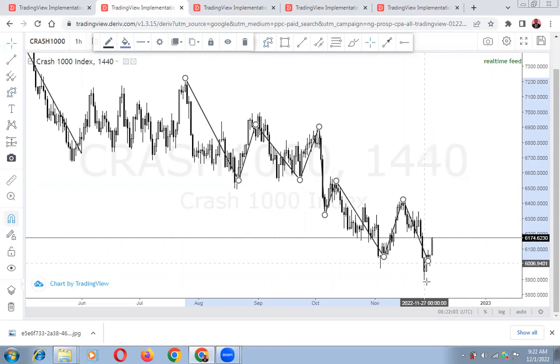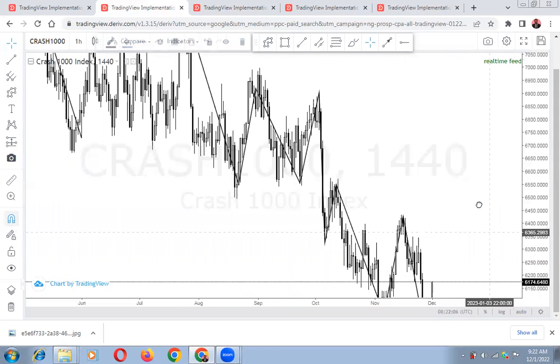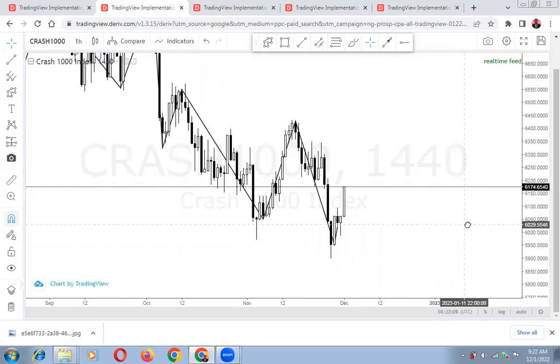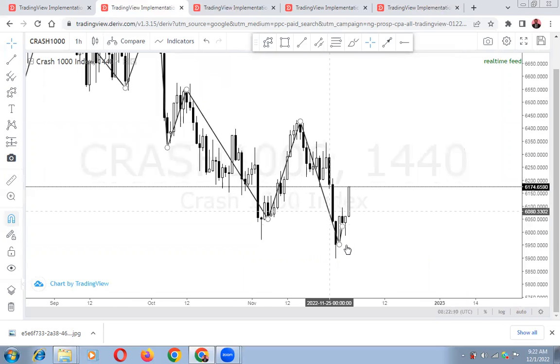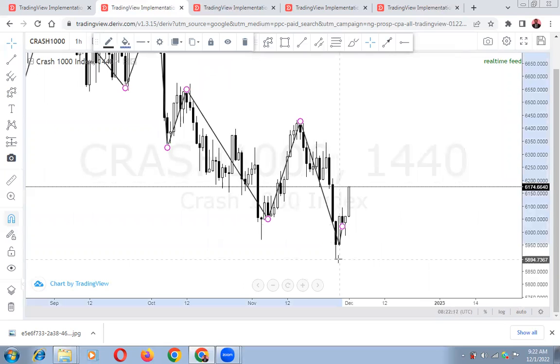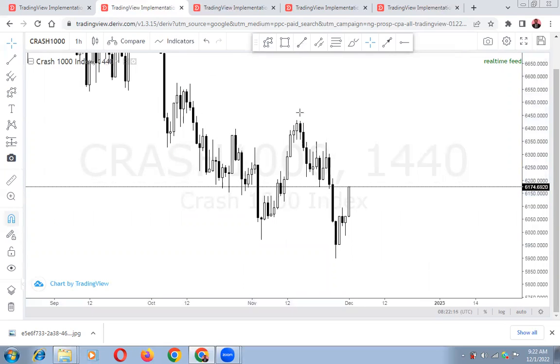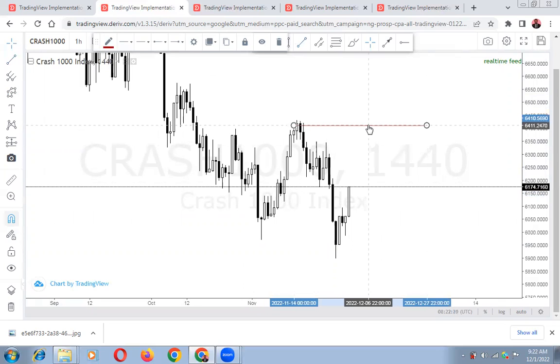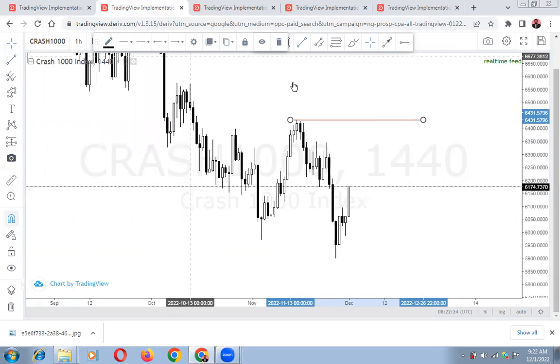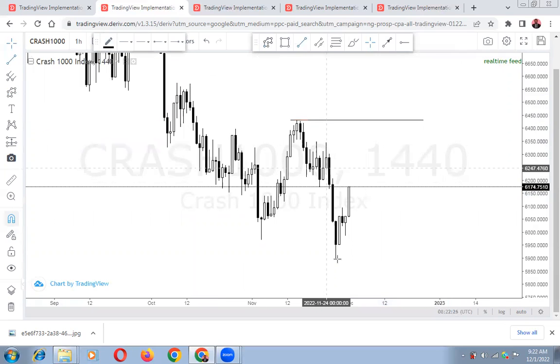So this becomes our trading range. This was the last high to the last low. Let me remove this. So let me put our trading range there. Here's our trading range, the last high and the recent low.